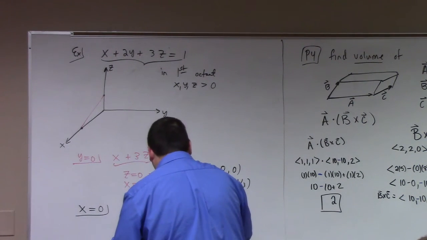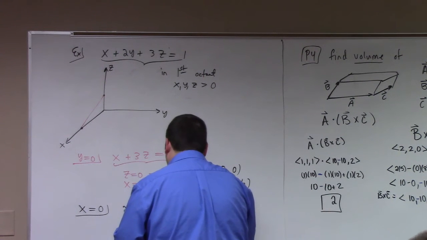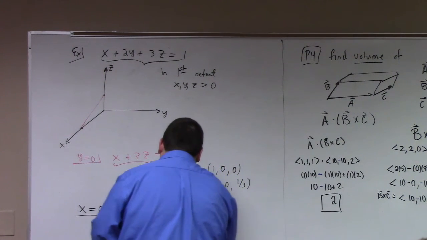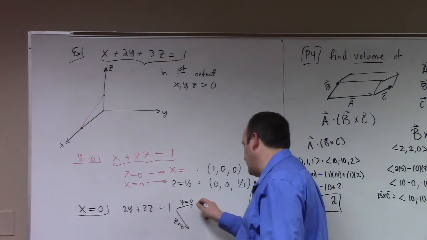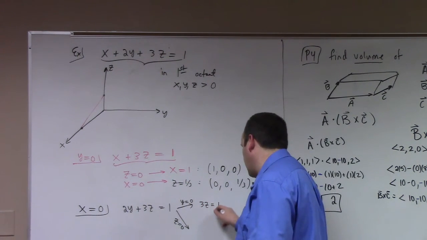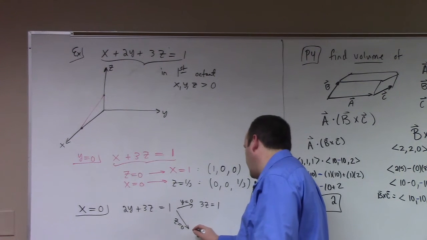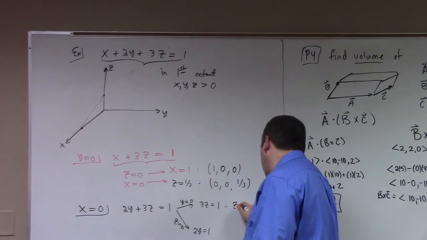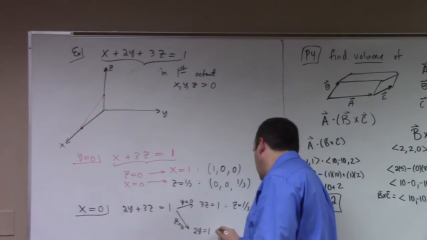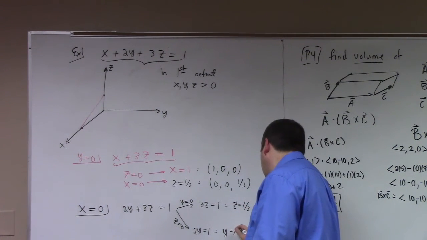Let me just use arrows here. Two directions we could go. We could go the y equals 0 route, or we could go the z equals 0 route. If we look at the y equals 0 route, we get 3z equals 1. If we look at z equal to 0, we get 2y equals 1. So z is 1/3 in the first case, or y is a half in the second case.